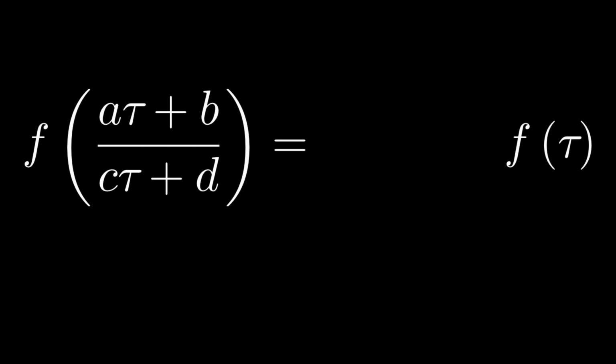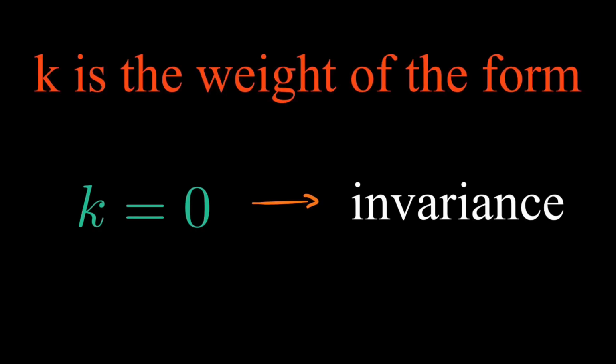This factor is c times tau plus d all to the k. As you can see, we have now introduced some new variable called k. This is the weight of the modular form, and we can tune this to discuss modular forms of different weights. You can see too that a special case is k equals 0, because these weight 0 modular forms are actually just invariant under the action of the modular group.